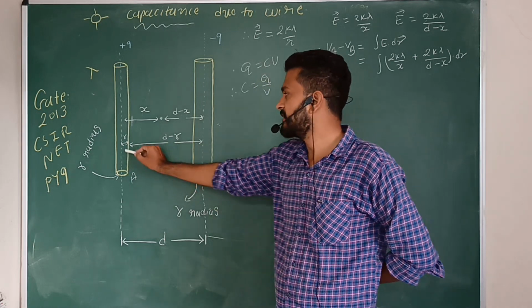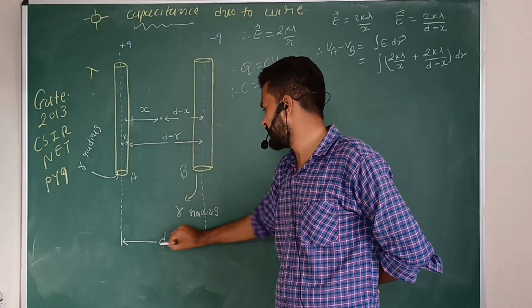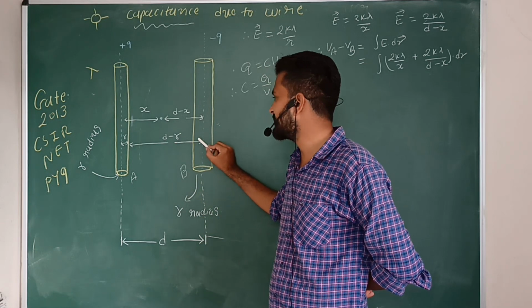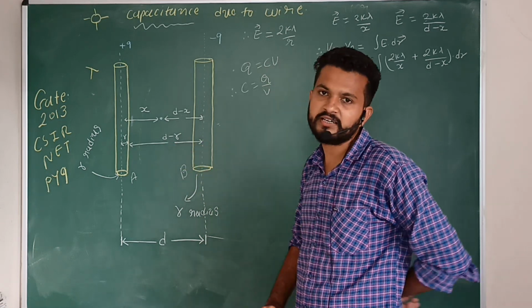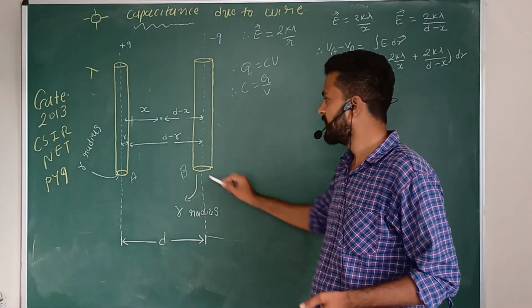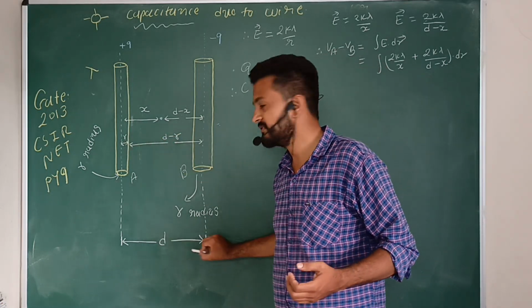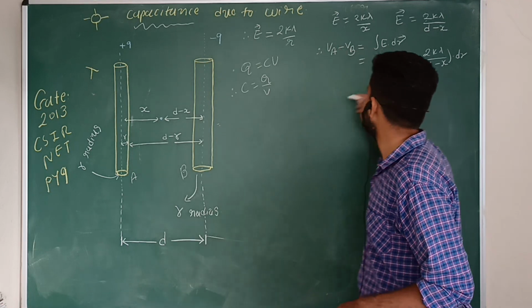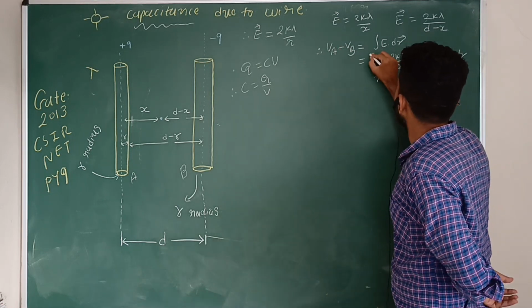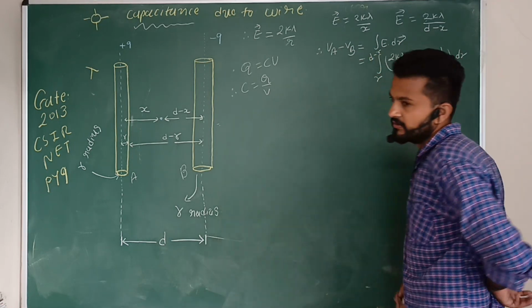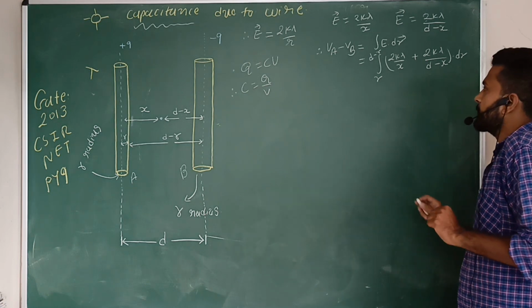So the limit will be small r to d, excluding this r, we write d minus r. That's obviously because d minus r plus r will be d. So the limits will be small r to d minus r. I think this is clear.